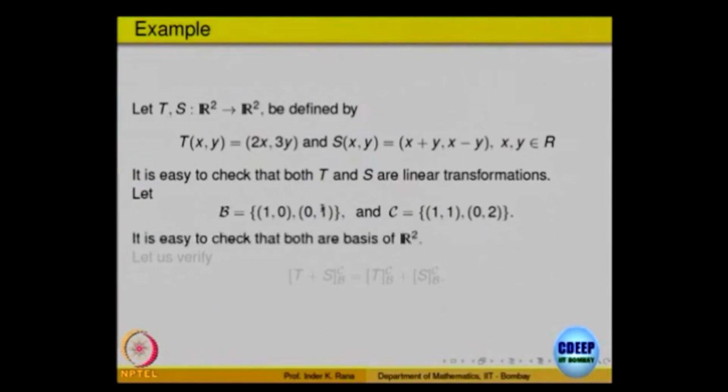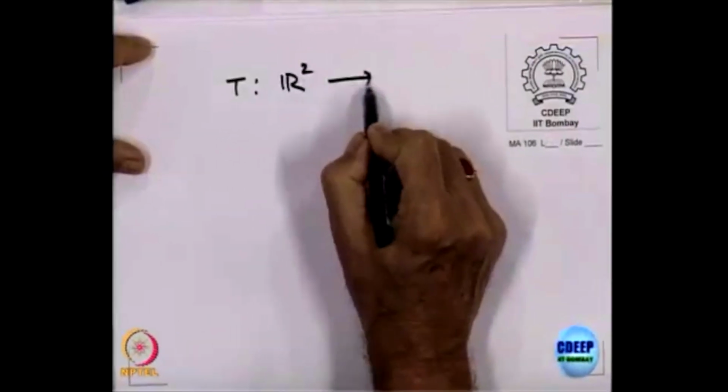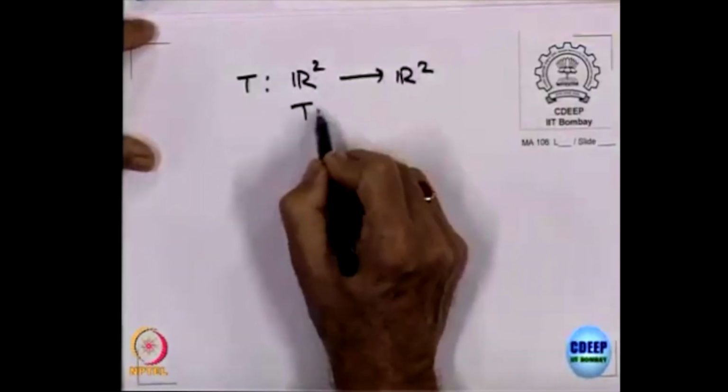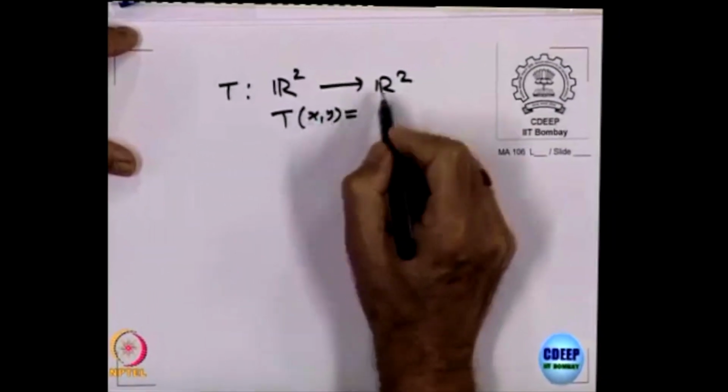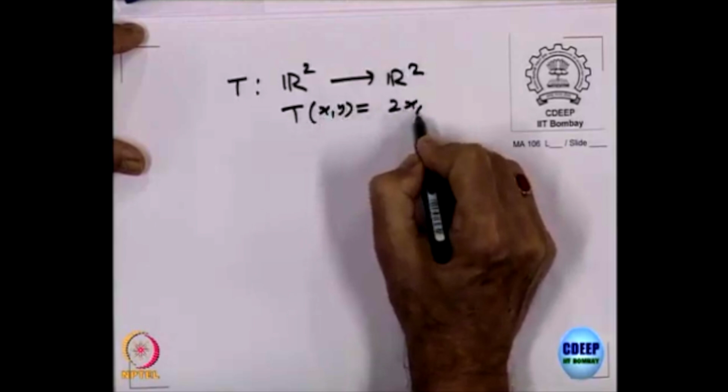So what are the relations we want to verify? If I take the sum, and find the matrix of T plus S with respect to C on the domain and B on the codomain, then it should equal the addition of the individual matrices. Let us compute and verify. This will also give you an idea of how to compute things. So let us look at T from R2 to R2, T of x, y is equal to 2x, 3y.